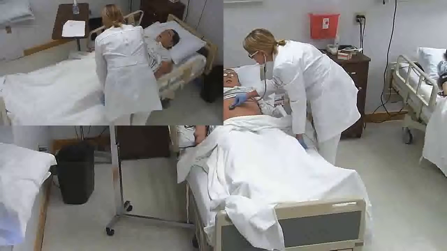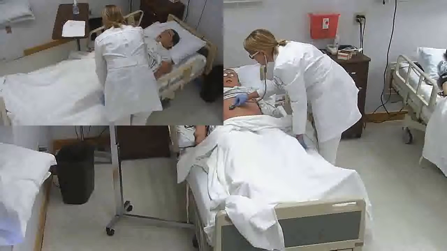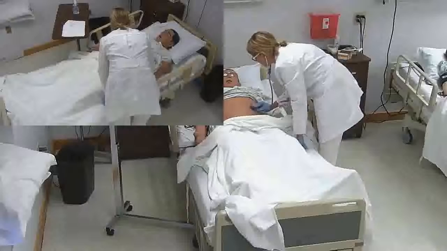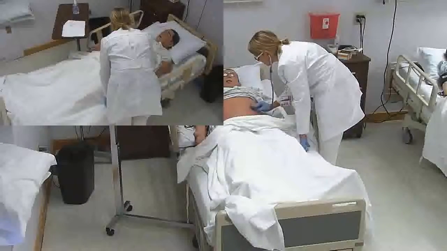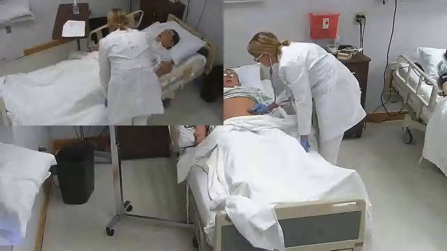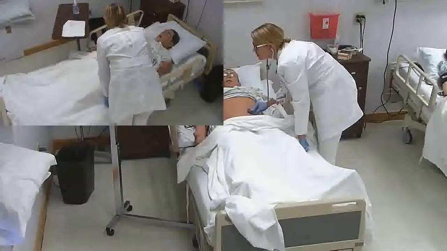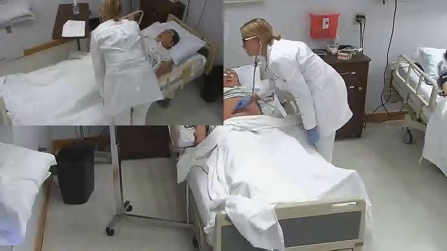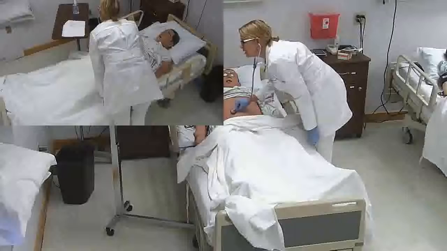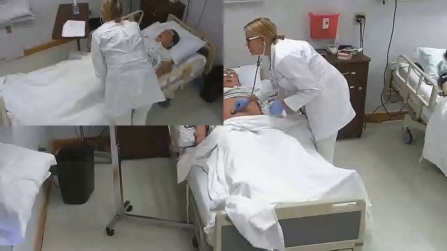And if I did hear something, I would also want to follow with my fingers and feel the pulsation. And if there was a size, I would check that as well. And the iliac arteries as well.